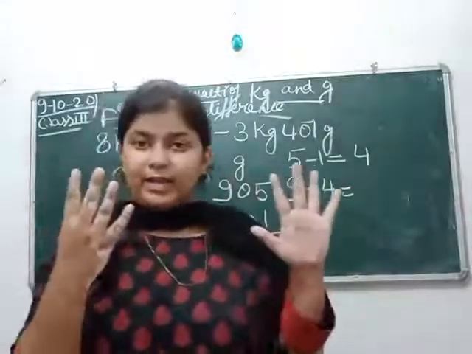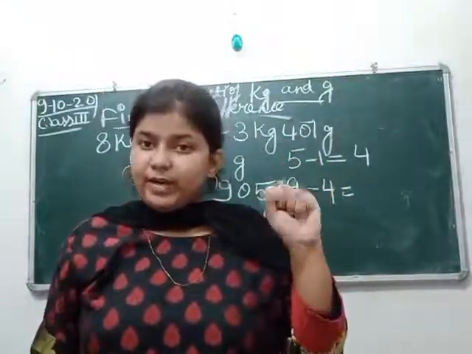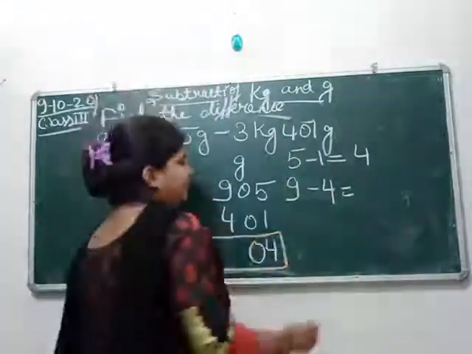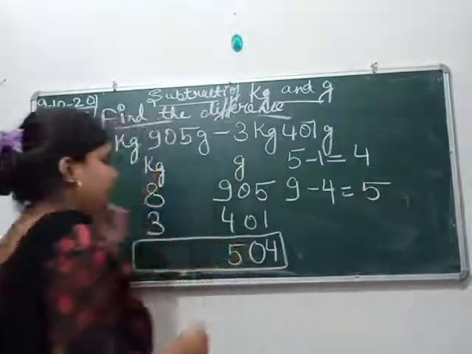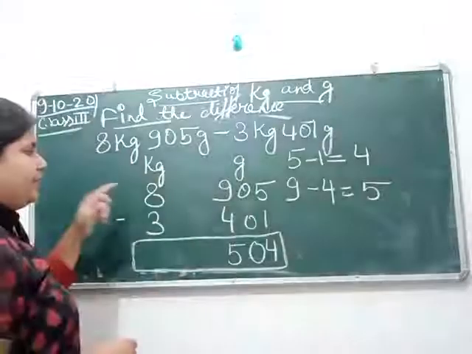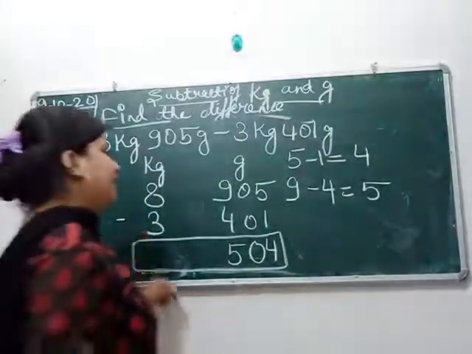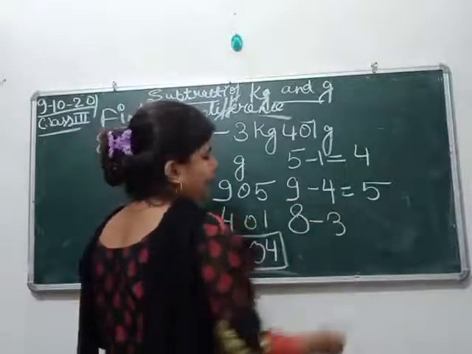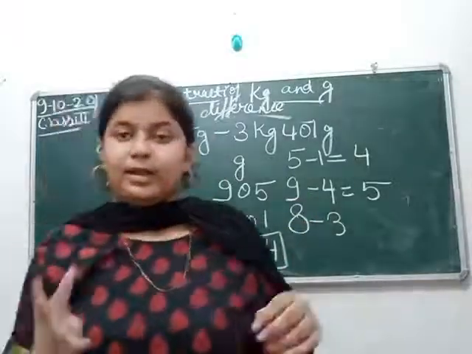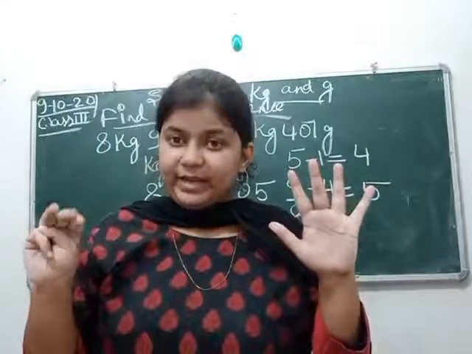So 9 minus 4, we will get 5. Now at this place we have 8 minus 3.